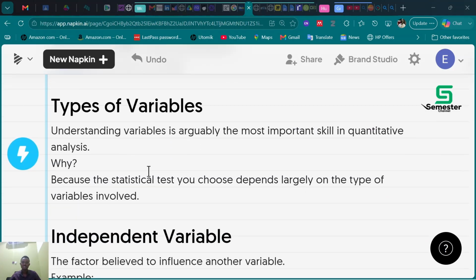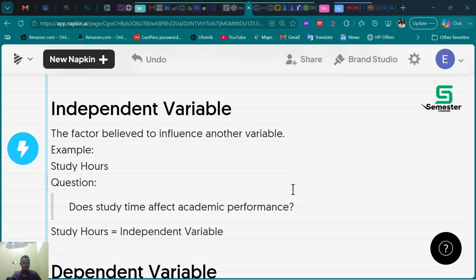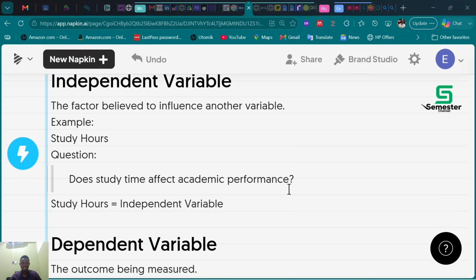So you have to understand the variable types we have, okay? You have to understand these variables. The first one we are looking at is the independent variable. Others will say that it is the variable that is influencing or causing that variable. An example, study hours. The question is, does study time affect academic performance?